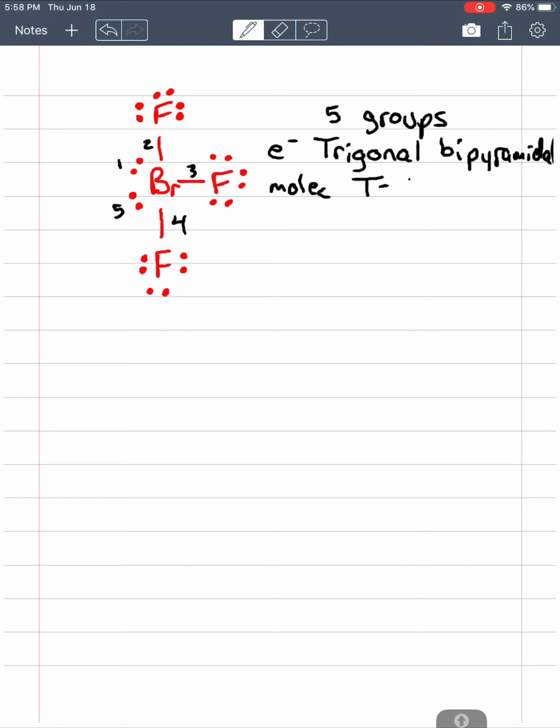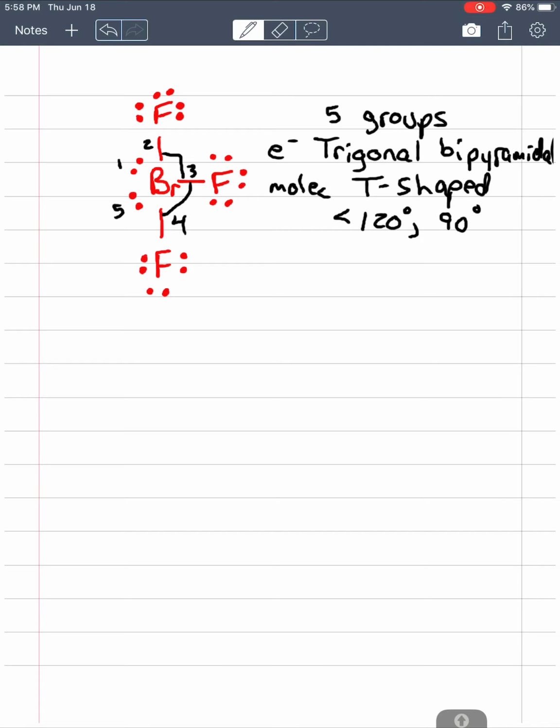The molecular geometry is T-shaped. And the angle is less than 120 and 90. So this is your 90-degree angle, and this is your less than 120-degree angle.